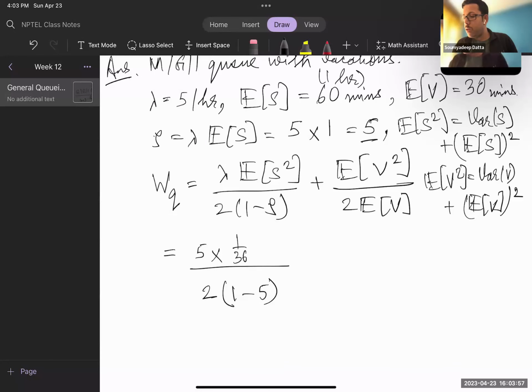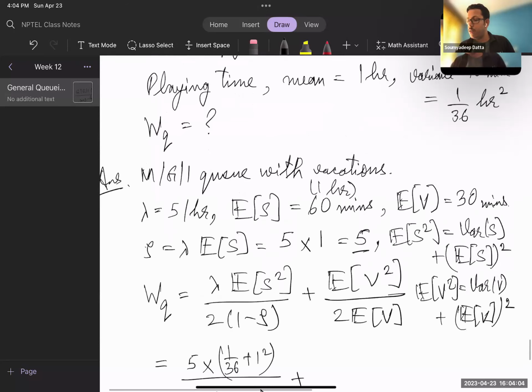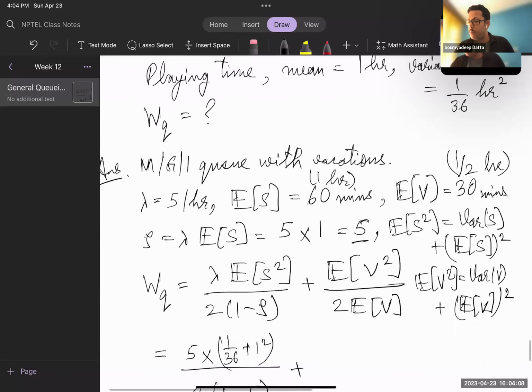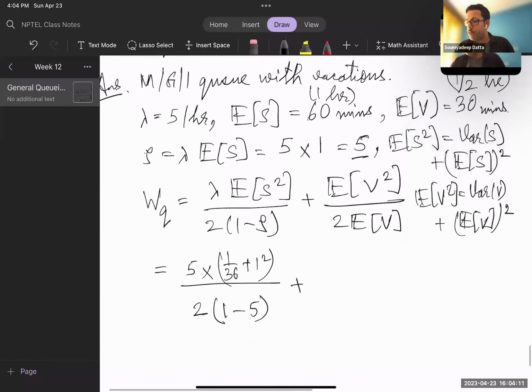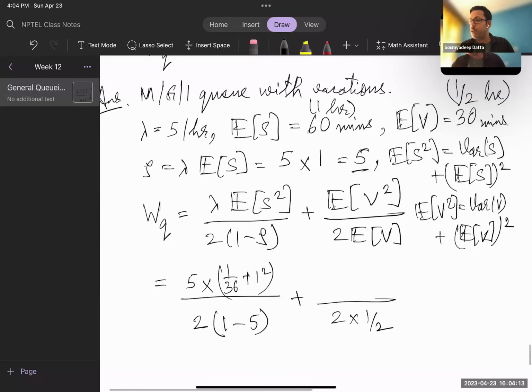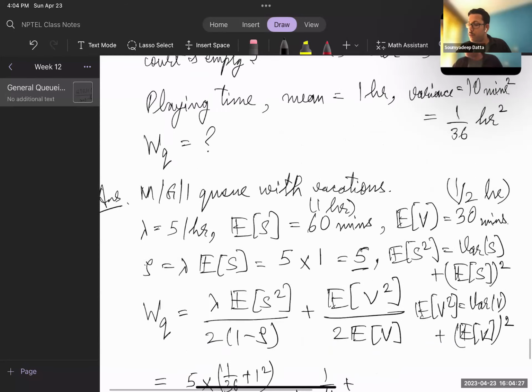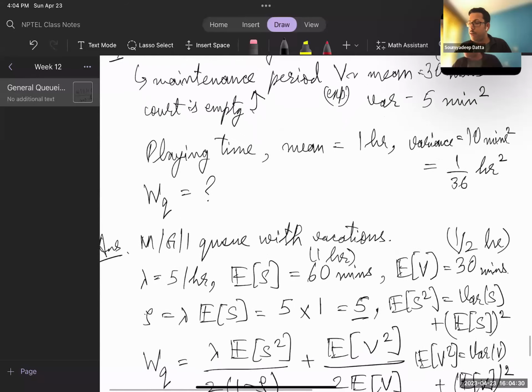So this will be 1 by 36 plus, this is 1 hour, so 1 squared, plus again for V, 30 minutes is half an hour, and expectation of V squared is nothing but half whole squared, 1 by 4, plus variance of V, which is 5 minutes squared.